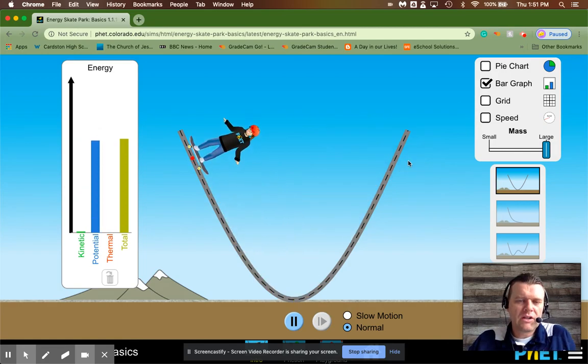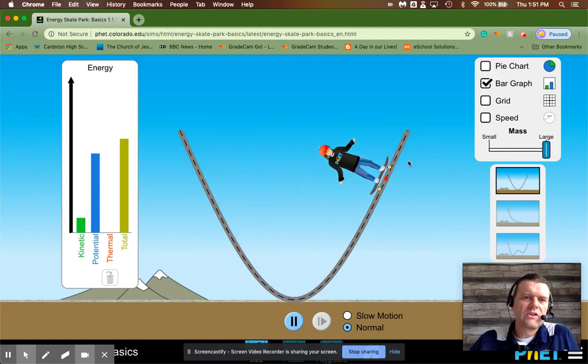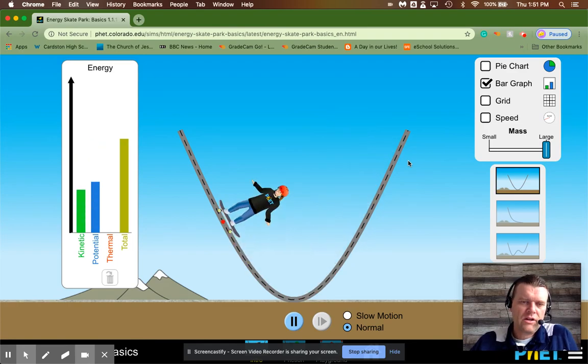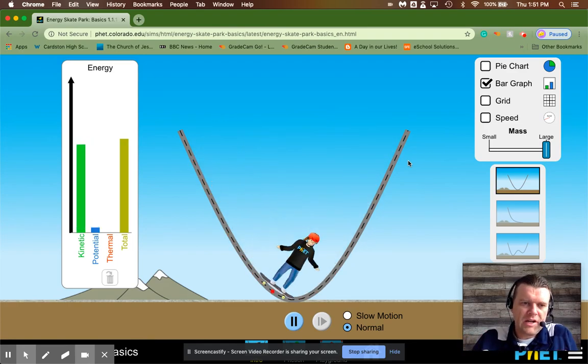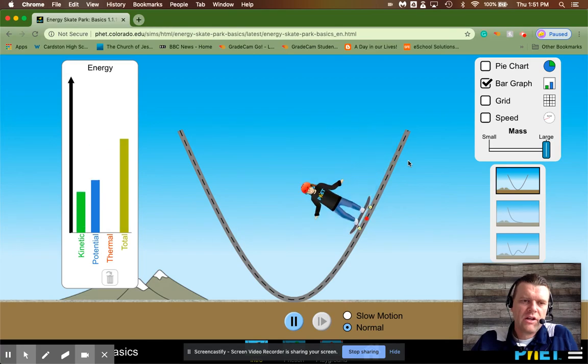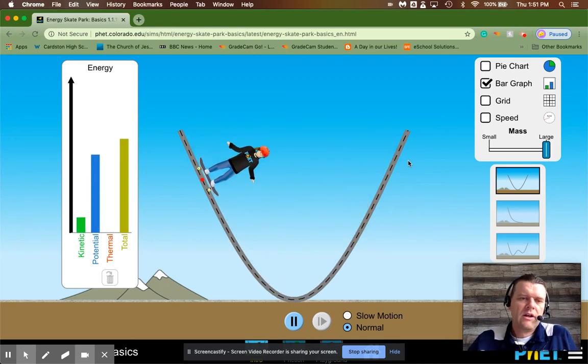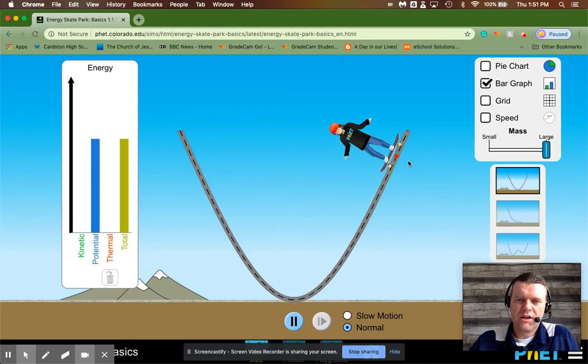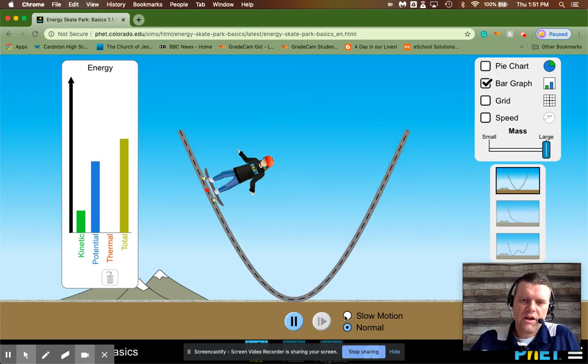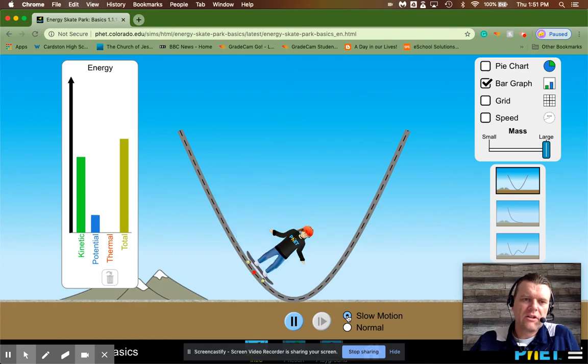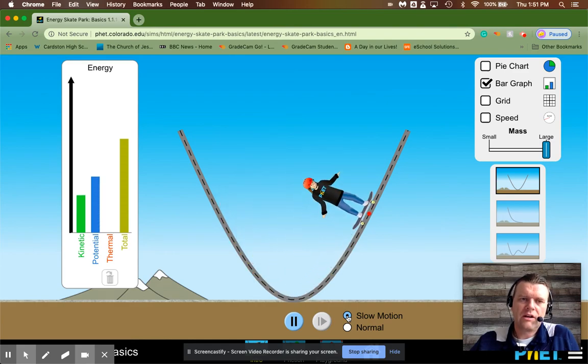What you can see is the total energy, the sum of her potential and kinetic energy, is what's in gold there. And then her kinetic and her potential energy keep trading places. We can even slow this down. You can see she starts with potential energy, and then that converts into kinetic energy.